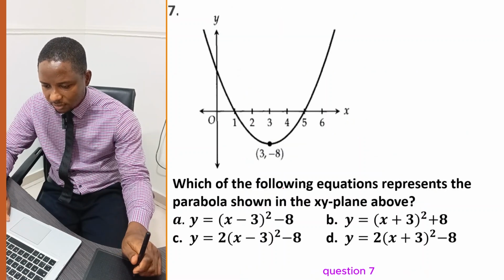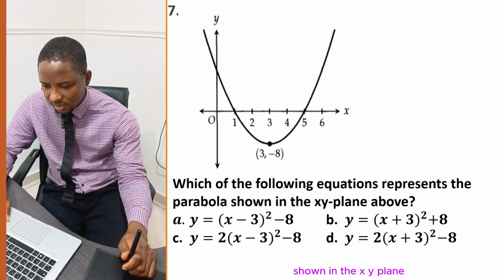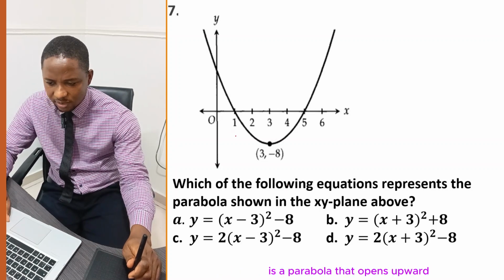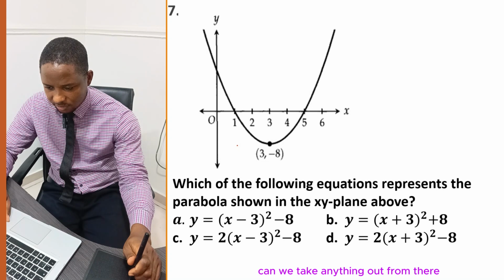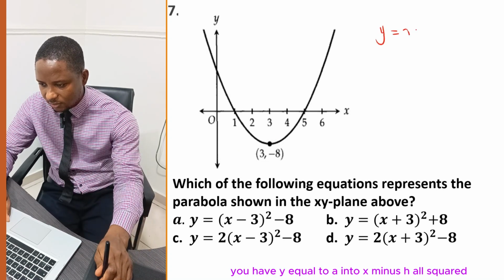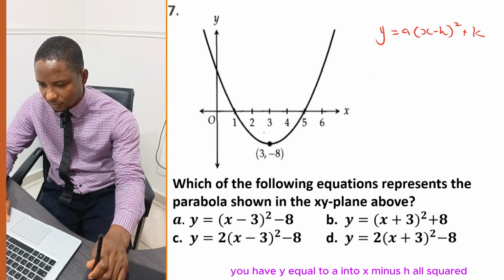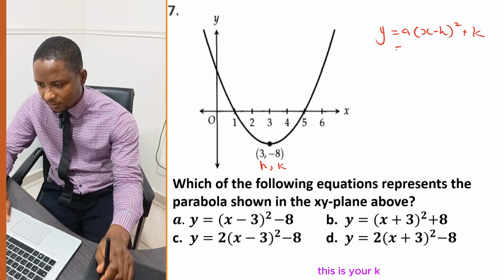Question 7. Which of the following equations represents the parabola shown in the xy plane? It is a parabola that opens upward. Can we take anything out from there? No. And let's write, you have y equal to a(x minus h) all squared plus k. So this is your h, this is your k. Let's put it there.